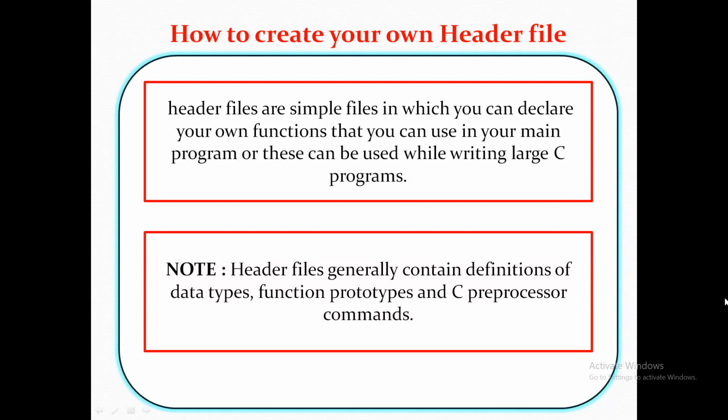Header files generally contain definitions, function prototypes and C preprocessor commands. So a header file normally contains a lot, but we can even write whatever we need in a header file.